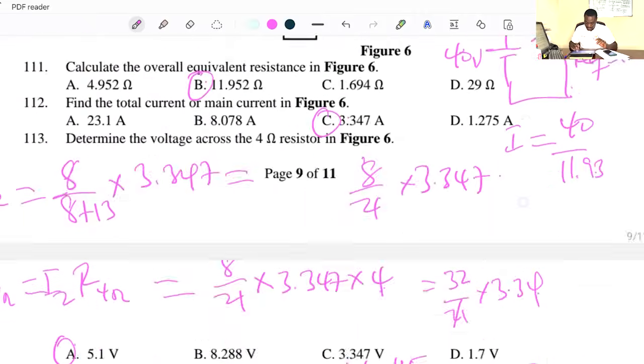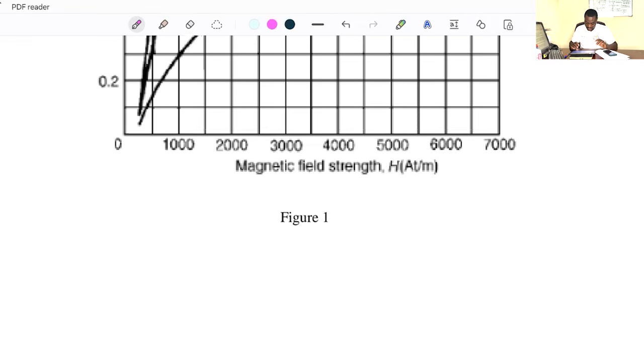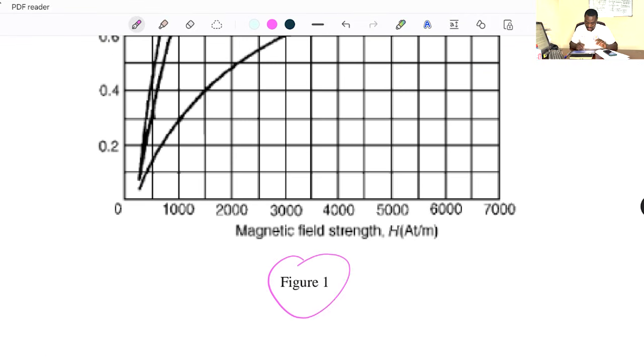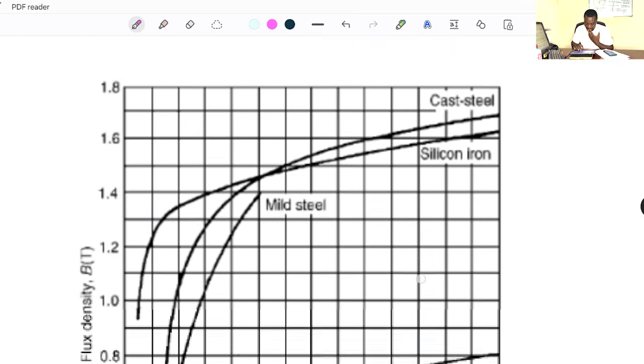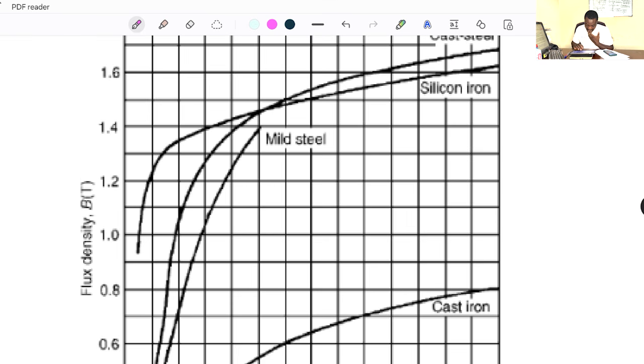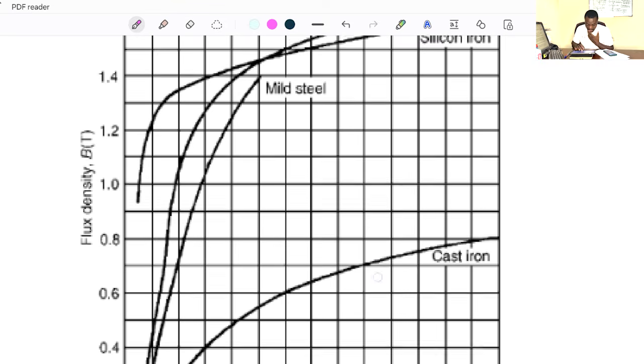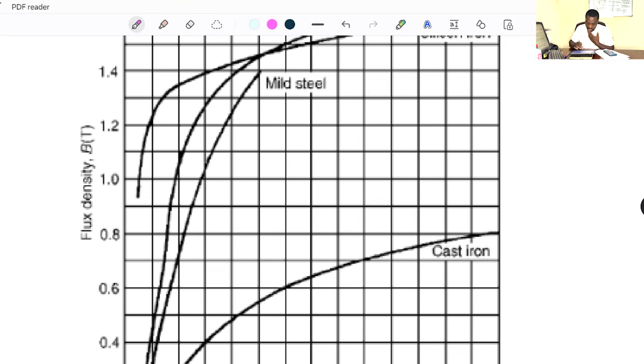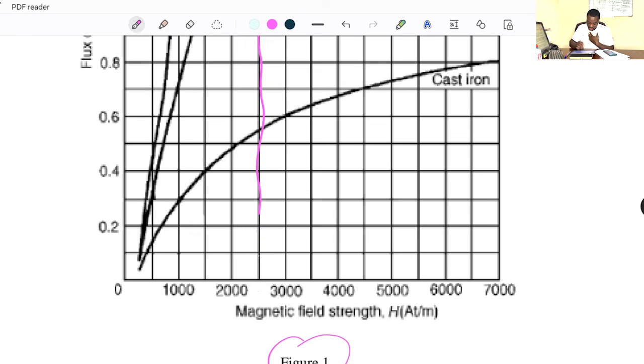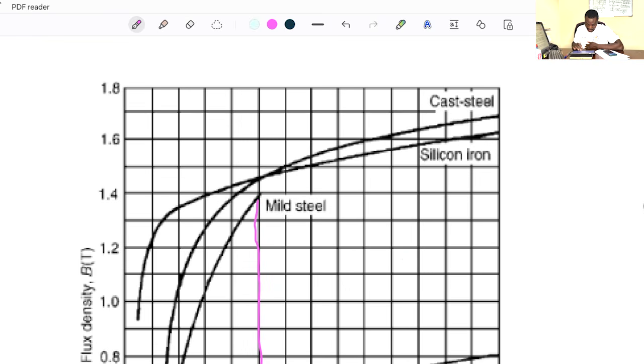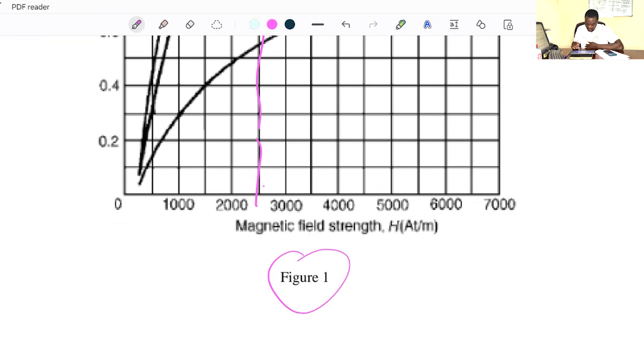That is Figure 1, right? Then we have cast steel. Then we trace 1.4 to get the corresponding value, right? So we get here to 2,500. Here 2,500.